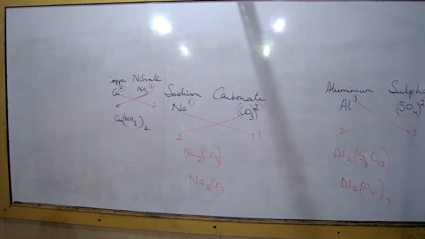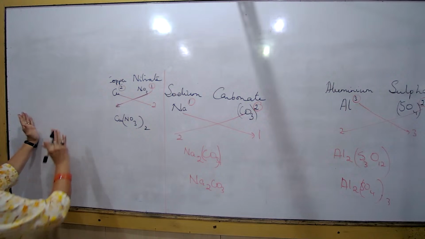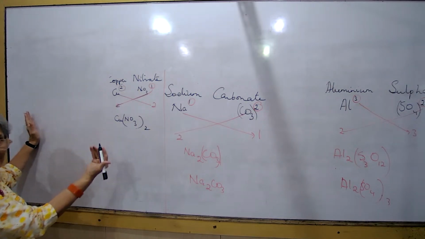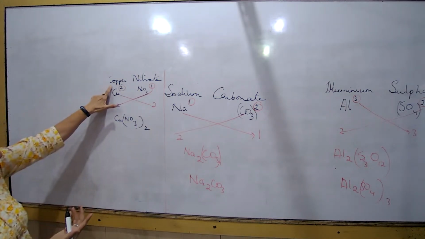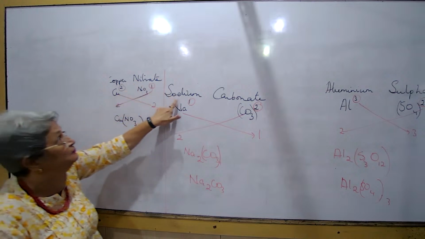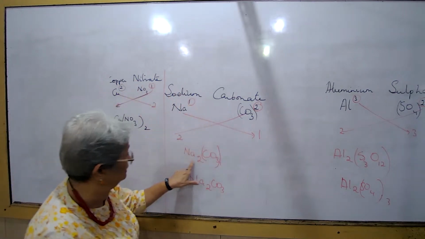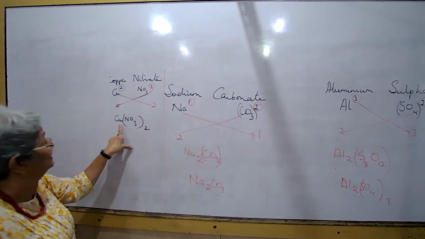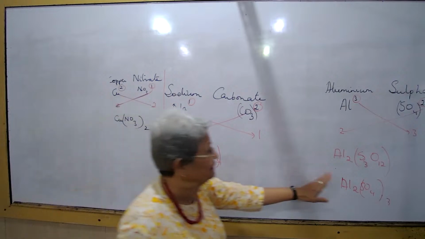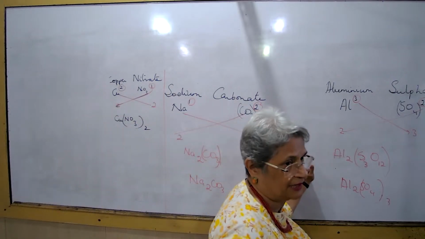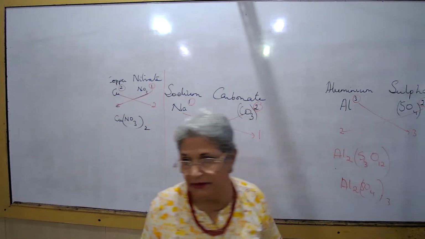Now, always when you write down the name of a compound, the metal will come on the left-hand side, the non-metal comes on the right-hand side. Always the metal will come first. After that will come the non-metal.